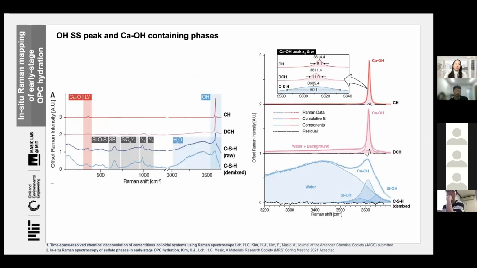OH bonds can be found in many different components in cementitious materials. The OH profile of CH, DCH, which is a disordered CH, and C-S-H are compared here. CH and C-S-H both have OH bonds, but they have different profiles, for example, peak position and peak width. By decomposing peak profile, we can identify local environments of OH bonds.